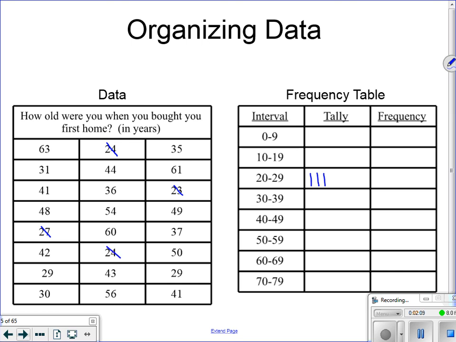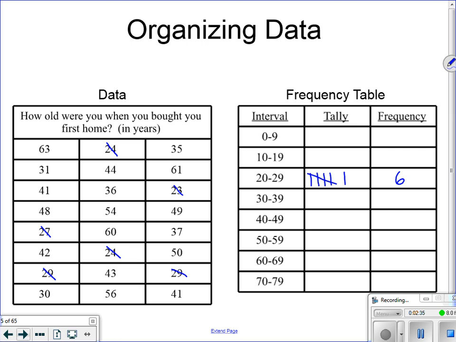And we have a 24. Another 24. So I'm going to make another tally. I see a 29 here. Now that's my fifth one, so I'm going to make my group of 5 there. And then I have one more 29. And then that is all I see. So then for my frequency for the 20 to 29, there's 6.